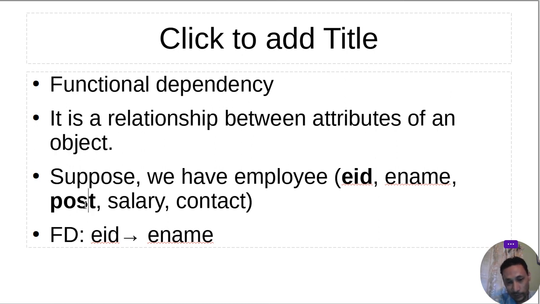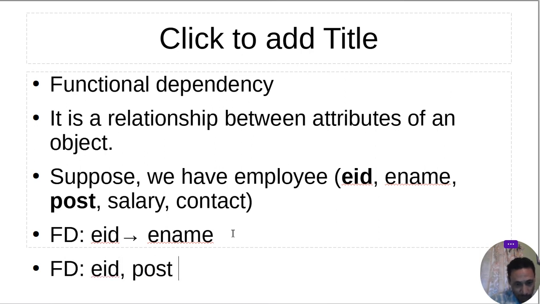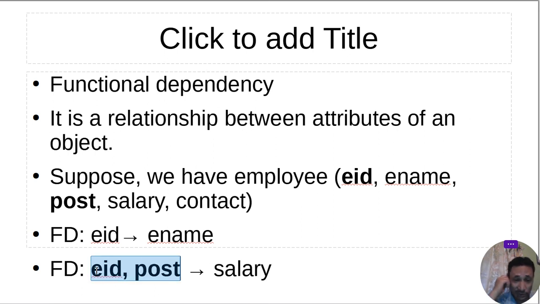Definitely it's possible, because key attributes determine the value of non-key attributes. So we can say functional dependency: EID, post determines salary. Because these are the key attributes, these are the determinants, and this will determine the value of salary.